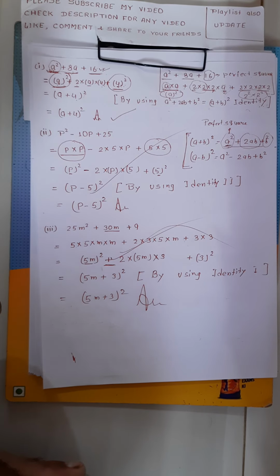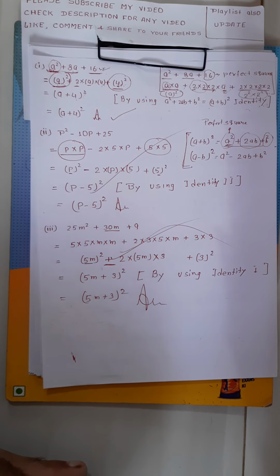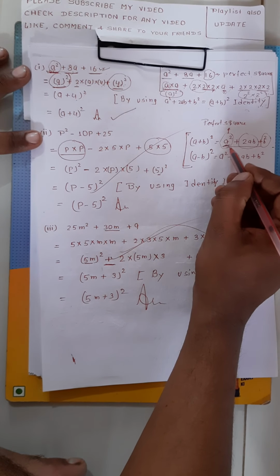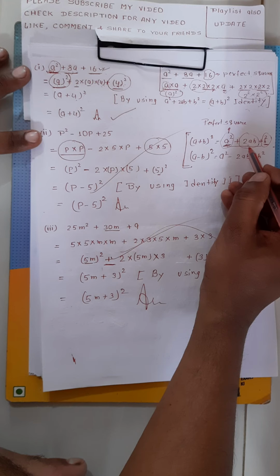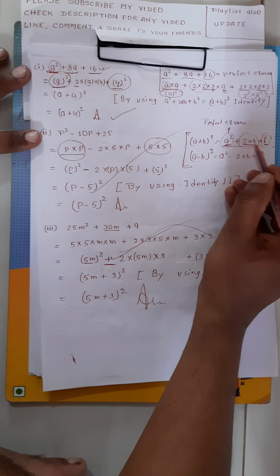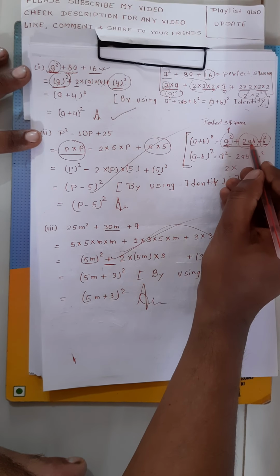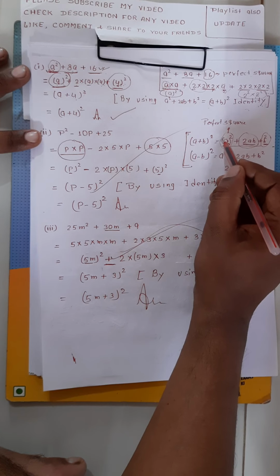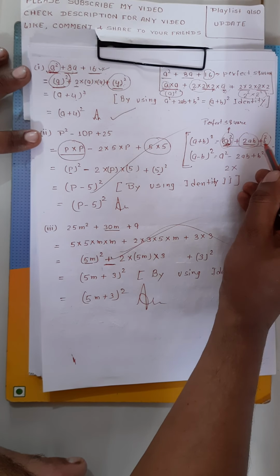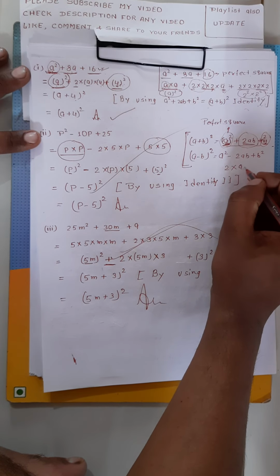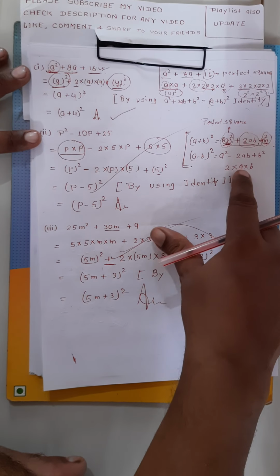Now it is not confirmed which identity we can apply here, because it will be confirmed after all conditions are fulfilled. Now, a square we have got, b square we have got, now we need 2ab. 2ab means 2 into a, this a, and b, this. This and this, multiplied by 2 times a and b.